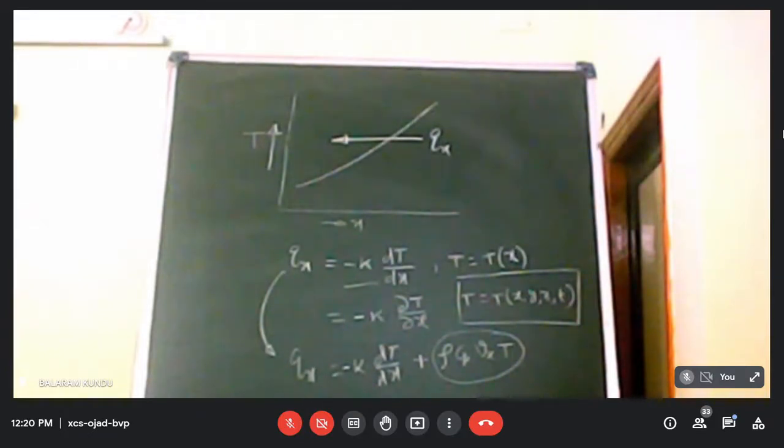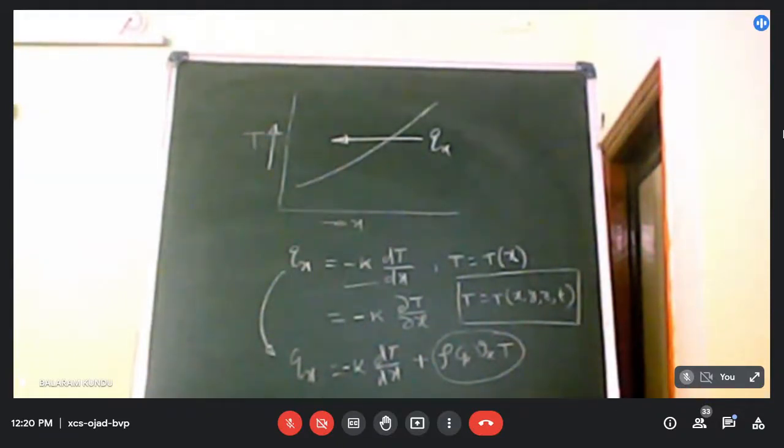Local temperature means, if we consider a solid, the temperature depends on the coordinate, on any value of x.